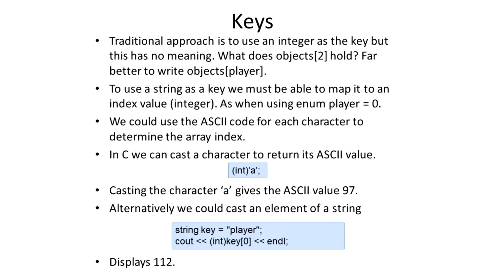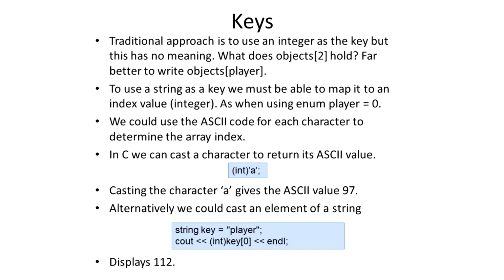So rather than using the categories of an enumerated type or an integer value for the index of an array, instead, we could use a string as a key and then convert the letters of the string to numbers.